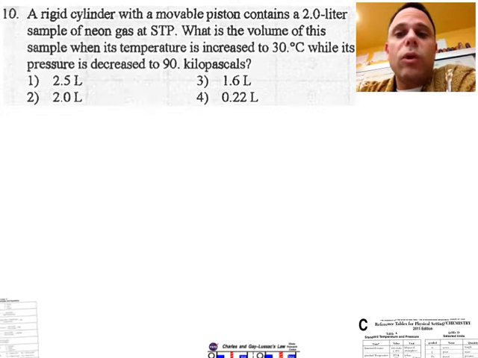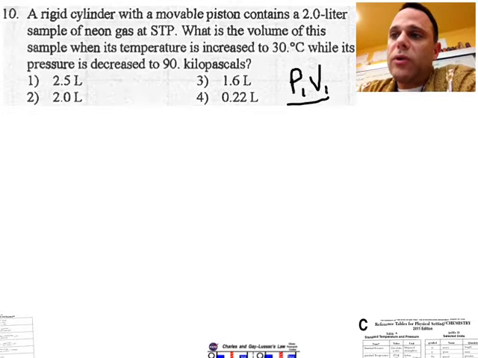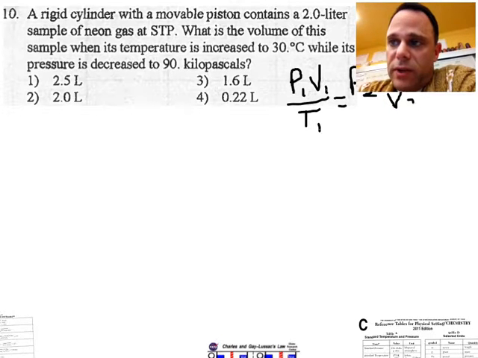Let's identify what we know in this problem. We know that we are using the formula, P1 V1 over T1 is equal to P2 V2 over T2.